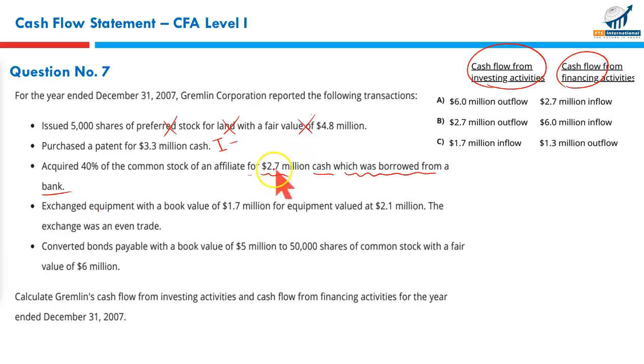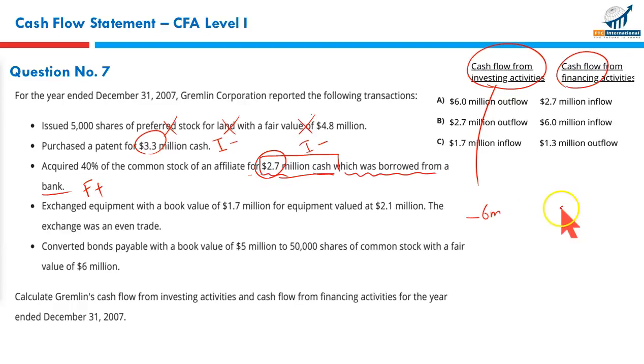First, we have used this much money to purchase 40% of the common stock of an affiliate. It's an investing outflow. And where did the money come from? The money came from a bank loan. It's a financing inflow. So effectively, we have two investing outflows, 2.7 and 3.3. It's a total of 6 million outflow from investing and 1 inflow from financing.